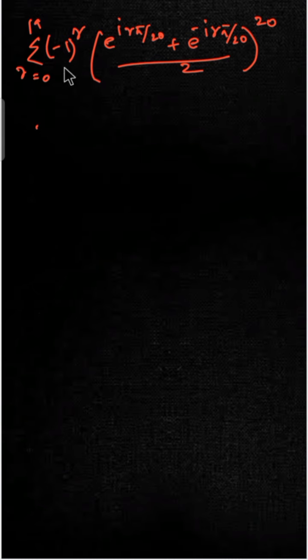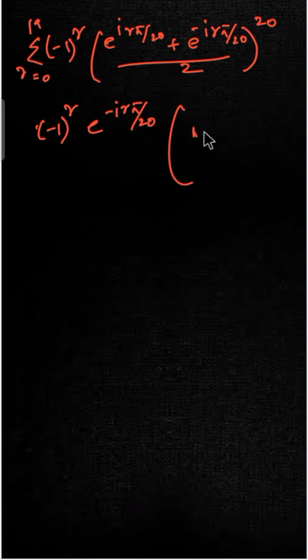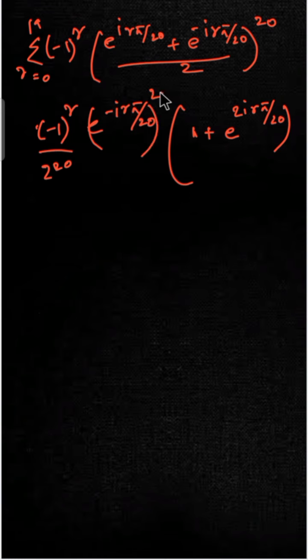For some time being, I'll just avoid this sigma and put it in at last. I write it in this way: (minus 1) whole power r into (e power minus i r pi by 20) into (1 plus e power 2i r pi by 20). Also I'll take the 2 common outside, so I get 2 power 20, and because I've taken this common, I need to put 20 here.